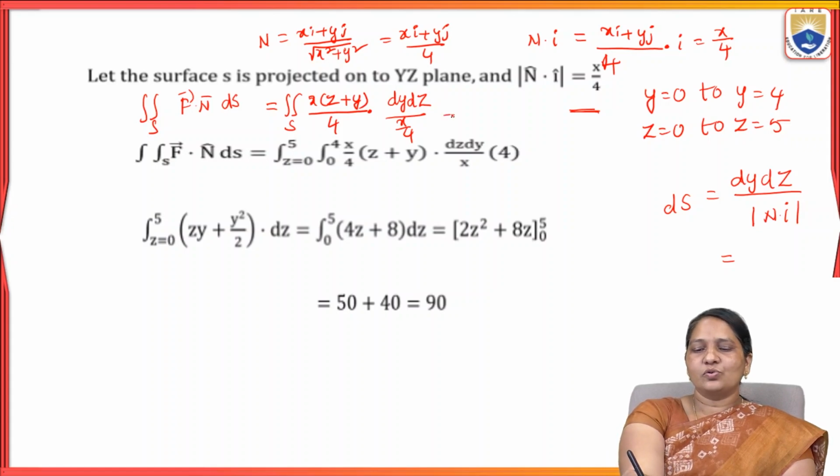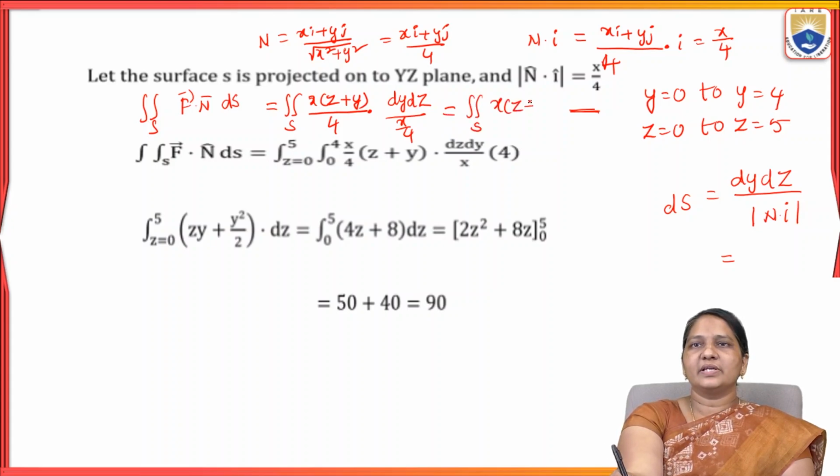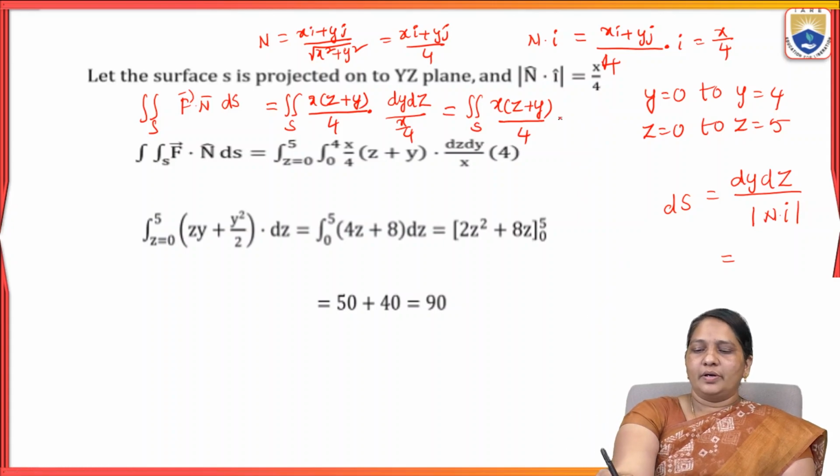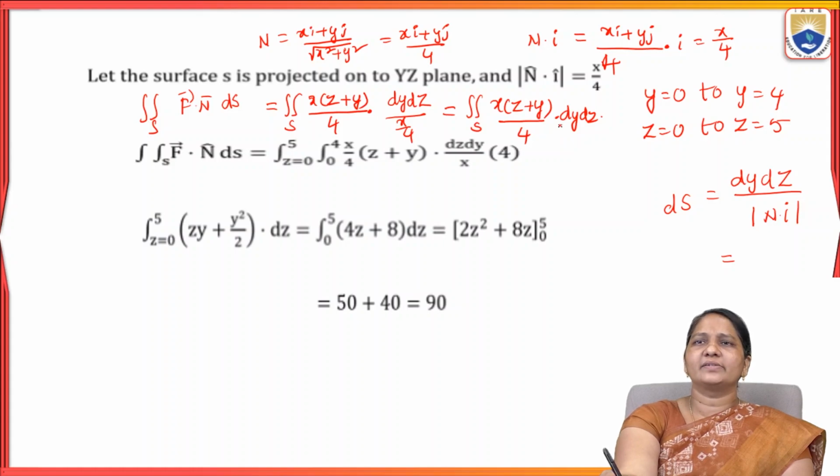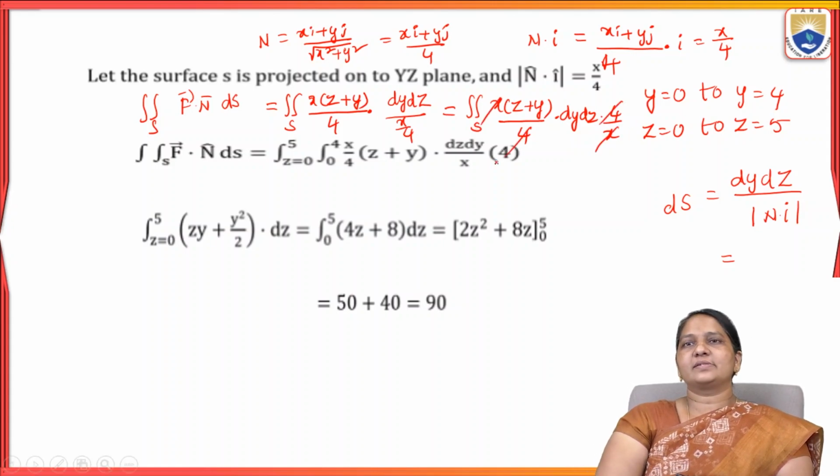So finally this is equal to the double integral over S of (xz + y) by 4 dy dz. Here I am writing this one. What is that? x by 4 has 4 by x, so x will be cancelled, 4 will be cancelled.